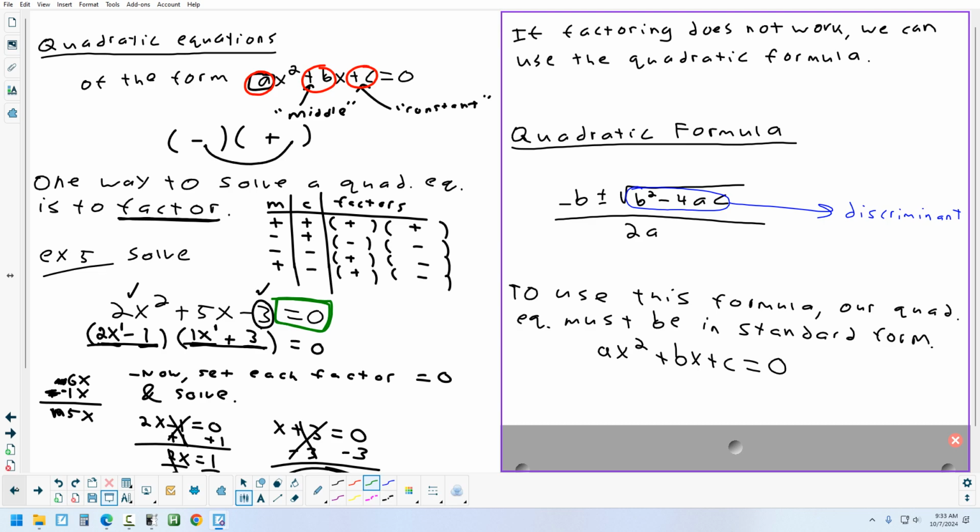So if it's not equal to 0, then rearrange it so you get 0 on one side and everything else on the left.